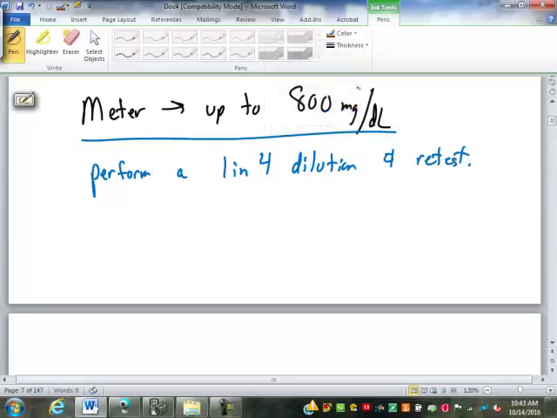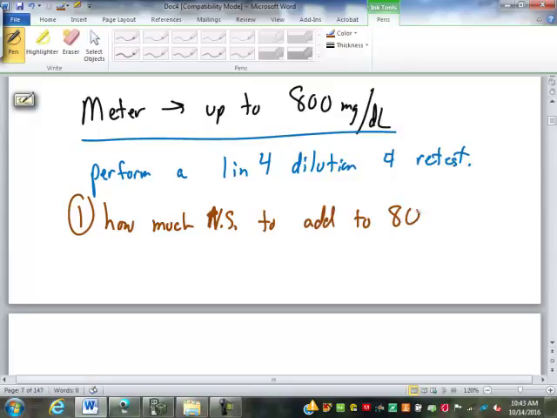So the first thing I want to ask is, how much sterile water to add to 80 microliters of blood? But we're going to perform a 1 in 4 dilution.